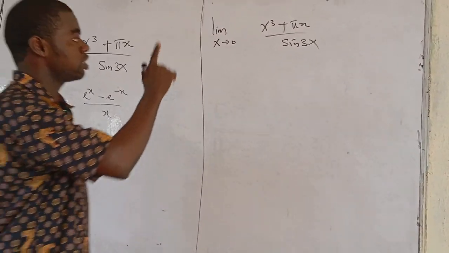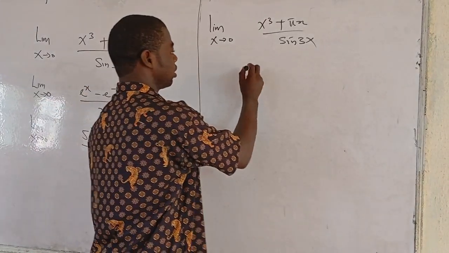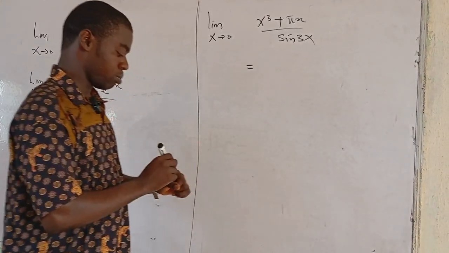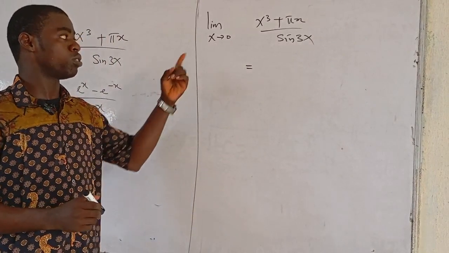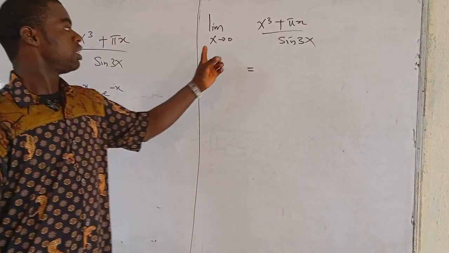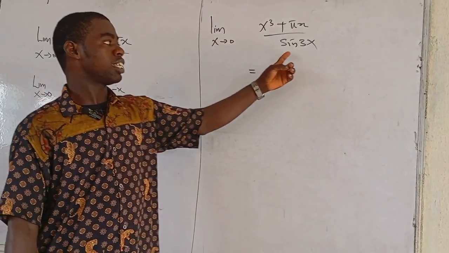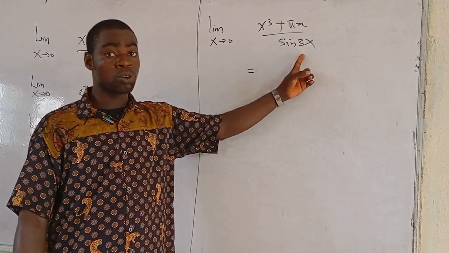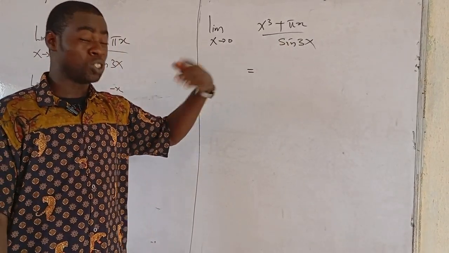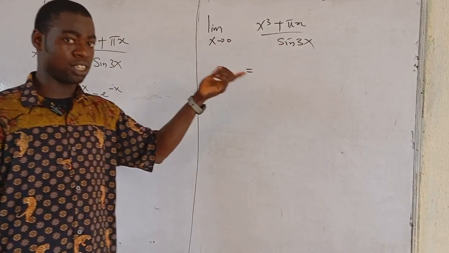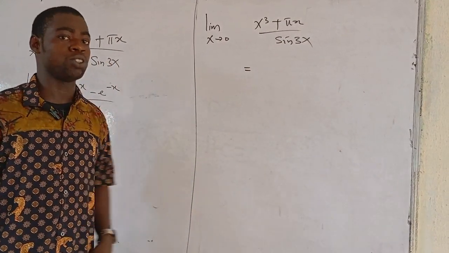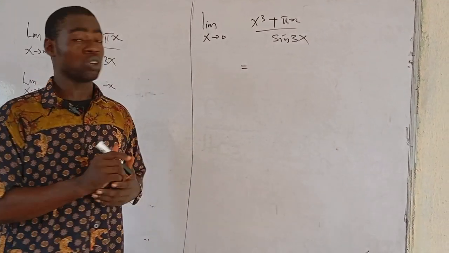Before using L'Hopital's rule, we have to substitute and see. As x approaches 0, sine 3x is sine of 0, which is 0. You don't want to divide by 0. That's a red flag for you. So that's why we are resorting to L'Hopital's rule.